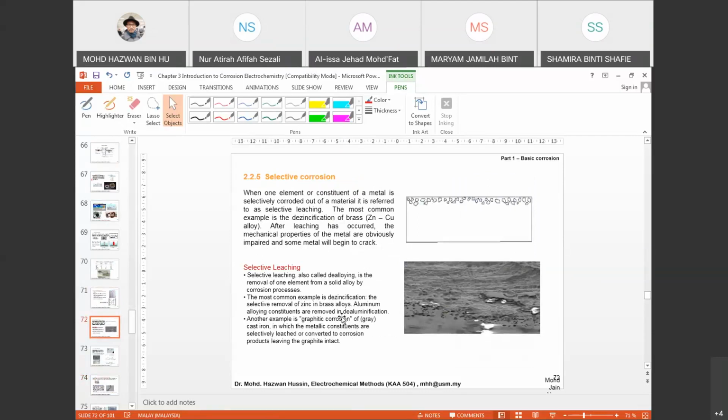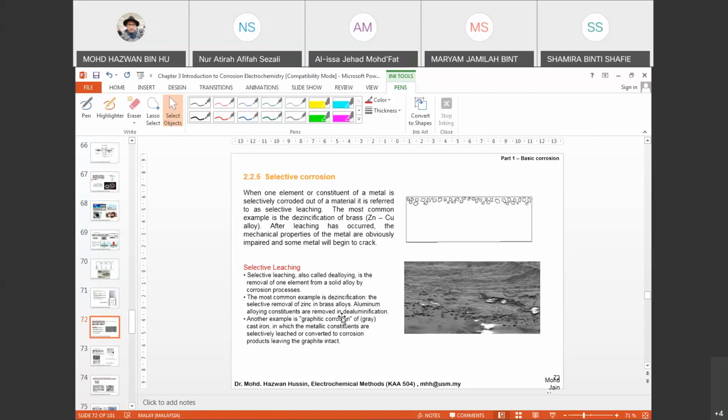Next one, we have selective corrosion. Selective corrosion happens especially for metals that experience anodification. Anodification means that you apply a metallic coating to the materials. For example, galvanized steel, where you dip coat steel with zinc.